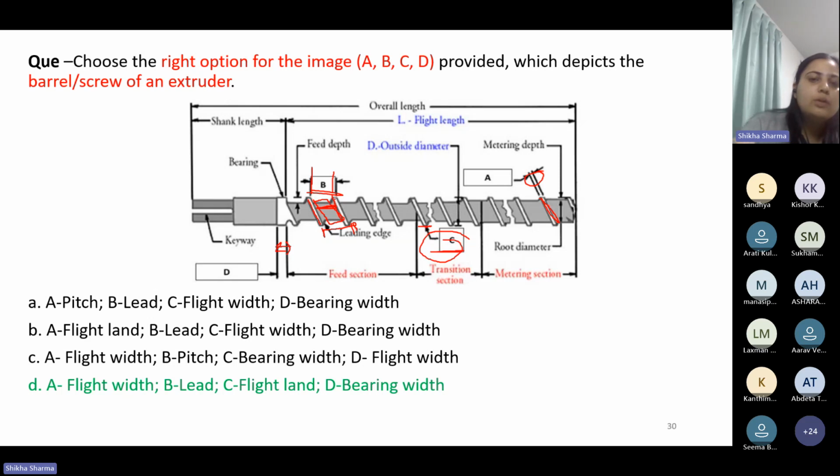So if we include the distance of two, if we include this thread also, then it becomes pitch. Okay. Including the threads, it's a pitch.